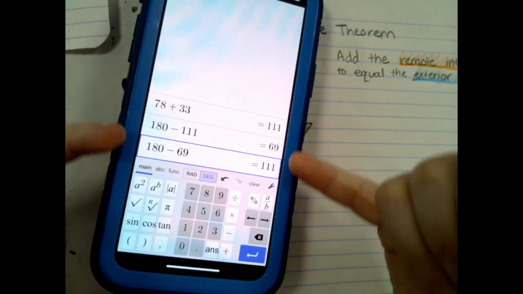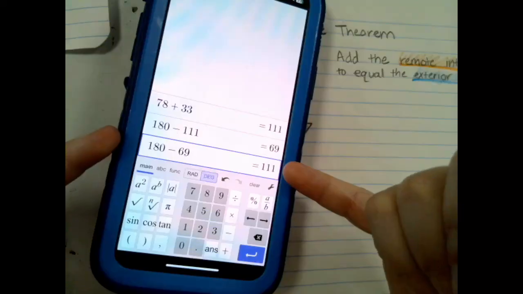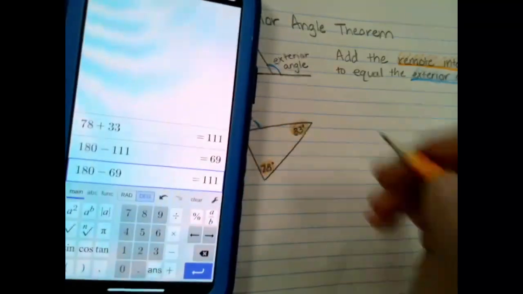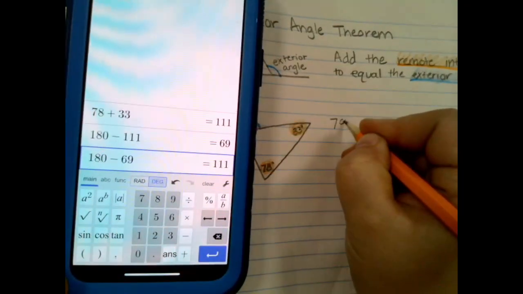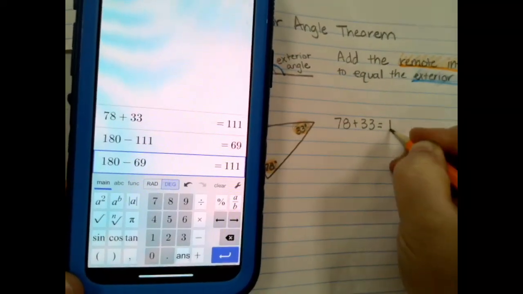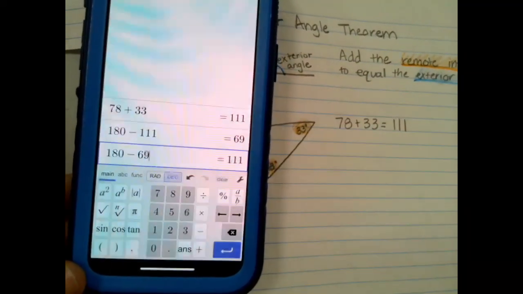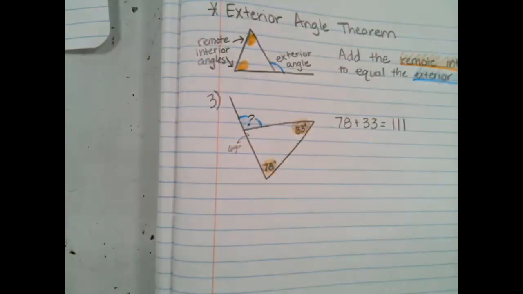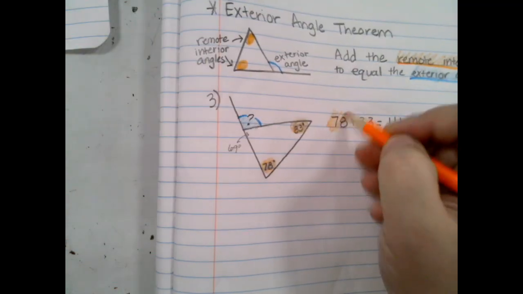So it's just cutting out these middle two steps. And it's just allowing you to say, oh, we can just do 78 plus 33 equals 111. And rather than subtracting from 180 twice, 180 minus 111, then 180 minus whatever that answer is, we just know the answer is 111.